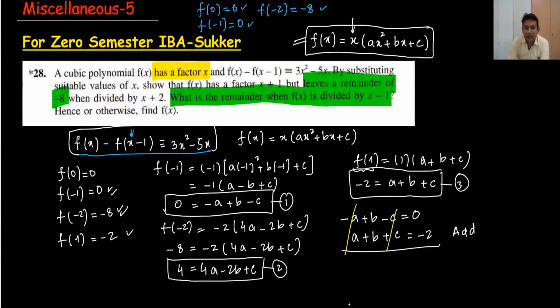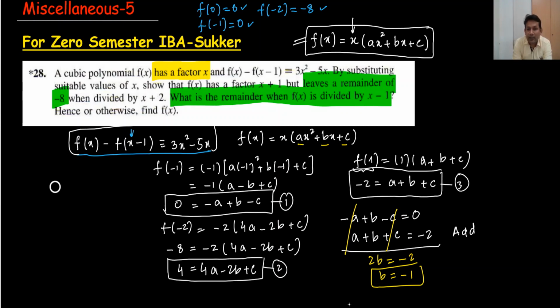This and this will cancel out, and 2b equals -2, so b is -1. Remember, we need to find a, b and c.